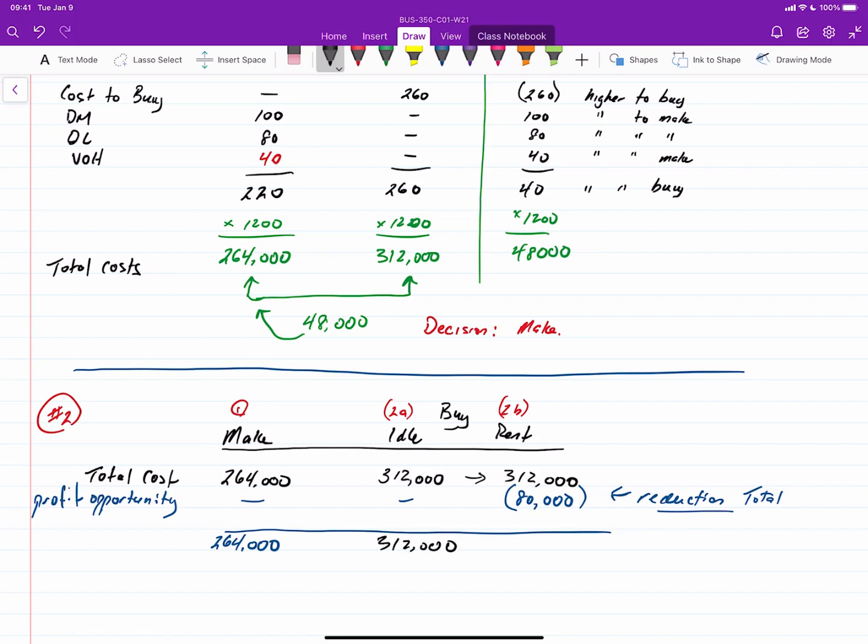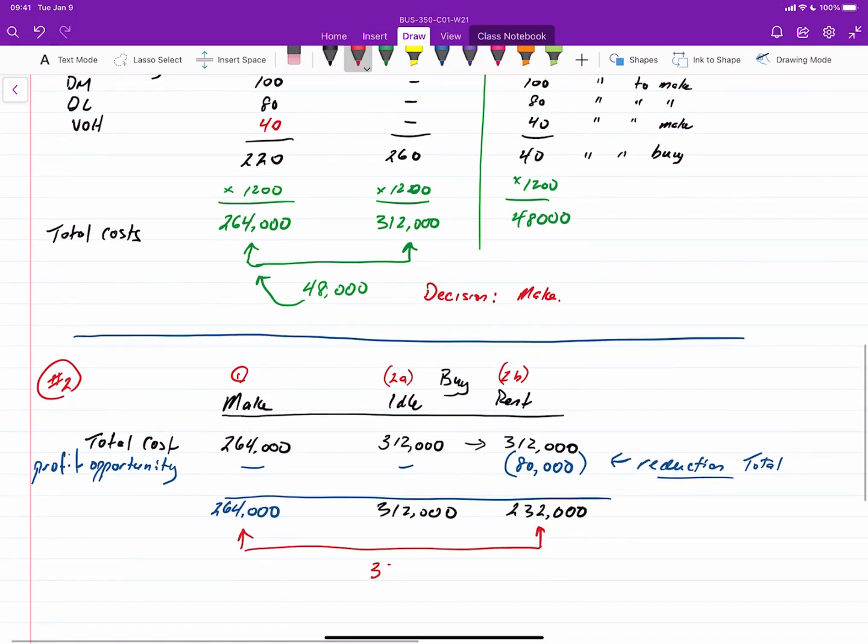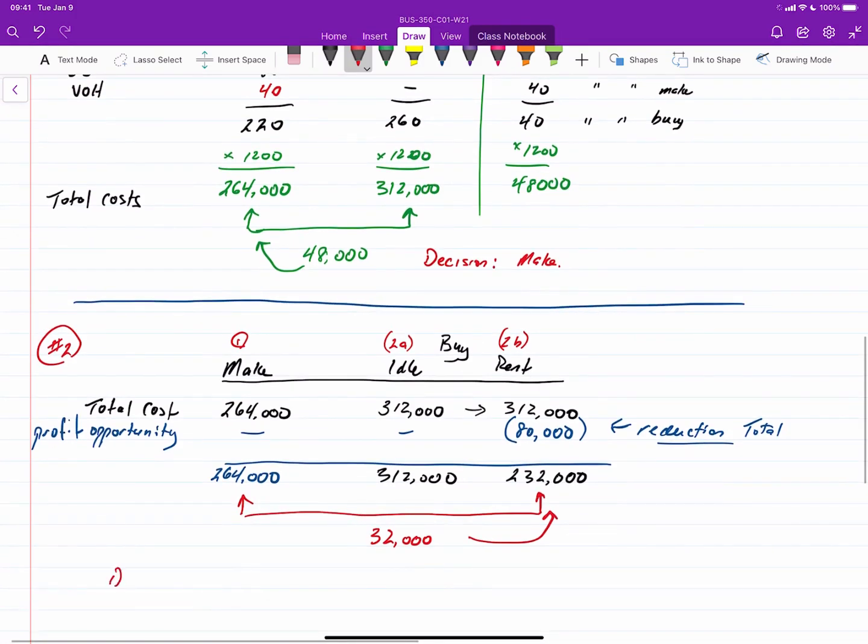But now the total relevant costs, or relevant costs offset by any opportunity, is $232,000. Well, this now changes things a little bit, doesn't it? Because the difference between these two is a $32,000 difference in favor of buying the sales from the outside manufacturer and then renting the space. So the decision is buy and rent excess space.